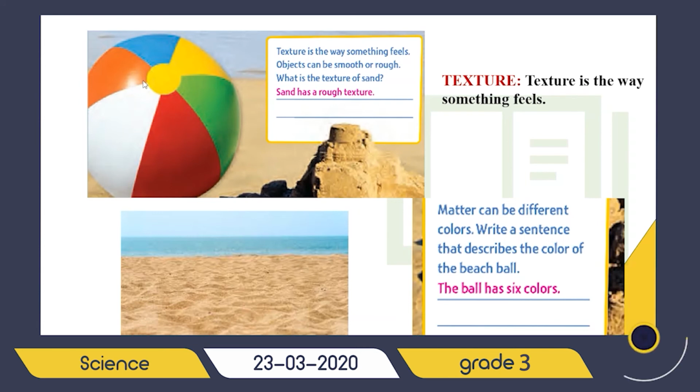Let's count it together. I start with red. 1, 2, 3, 4, 5, 6. So I can say the ball has 6 colors, which are red, green, yellow, blue, orange, and white. I can also write the names of colors here.